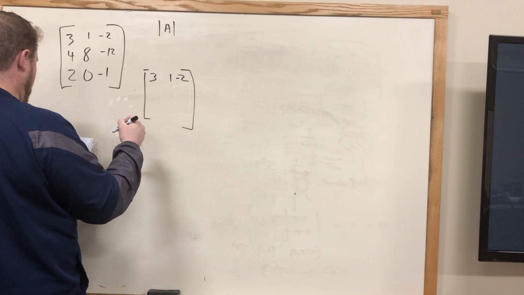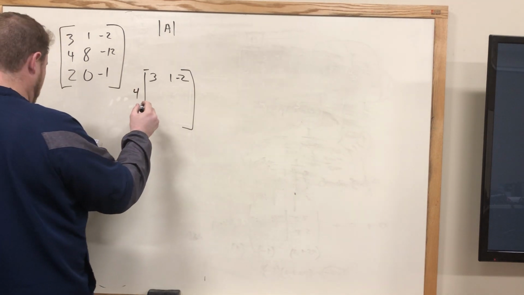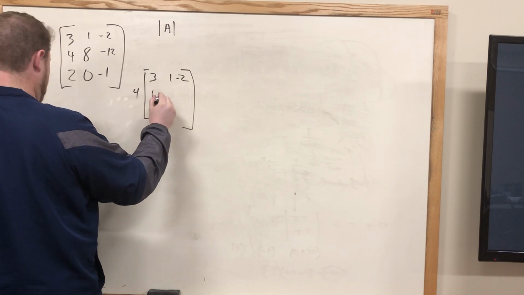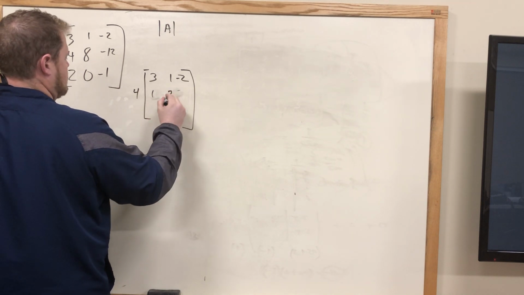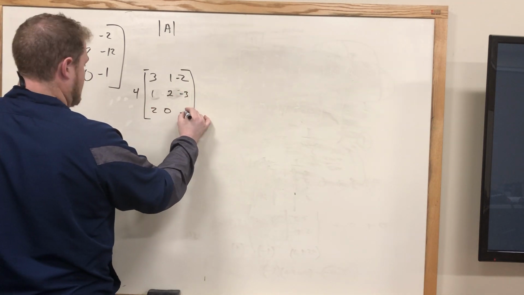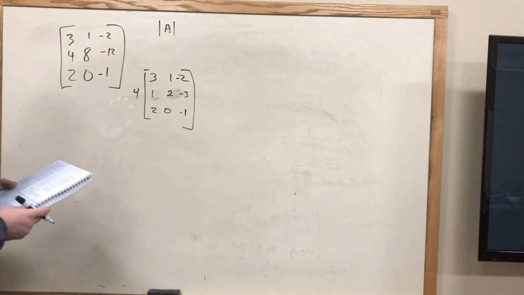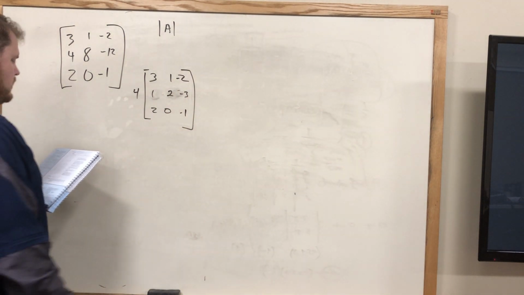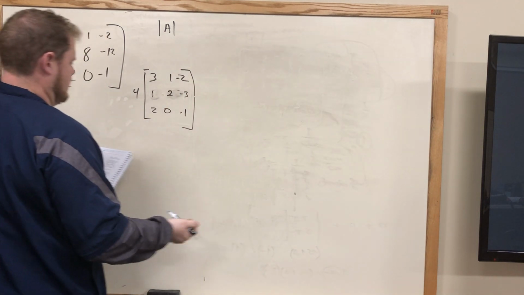So if I take a 4 out, keep this 4 out here. So it's going to be 4, I'm taking out the 4, so 1, 4, or 1, 2, sorry, 1, 2, negative 3, 2, 0, negative 1. Now what? If I interchange 2 rows, row 1 and row 2, and the reason I'm doing that is I'm going to try to get rid of something here.